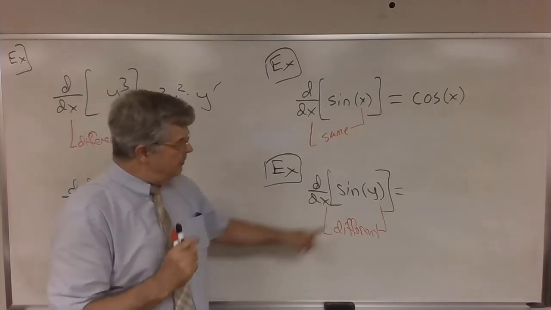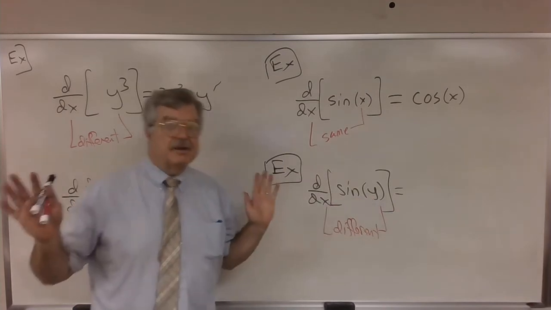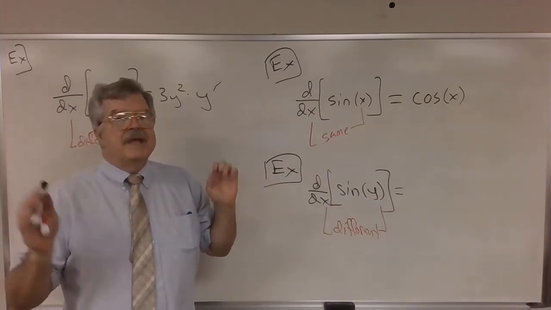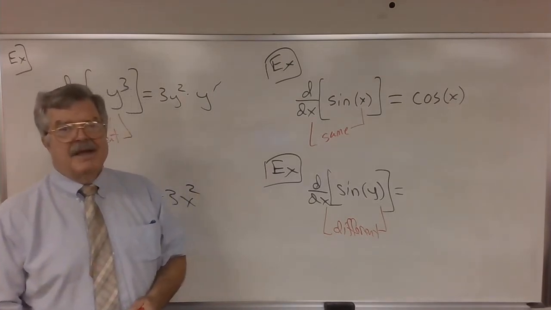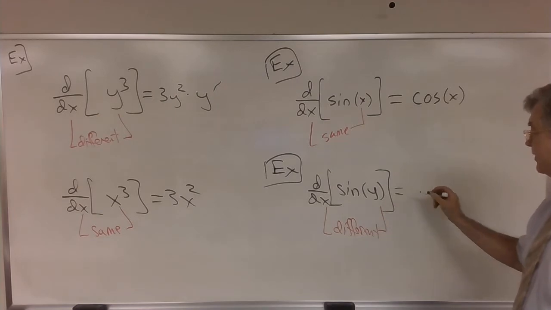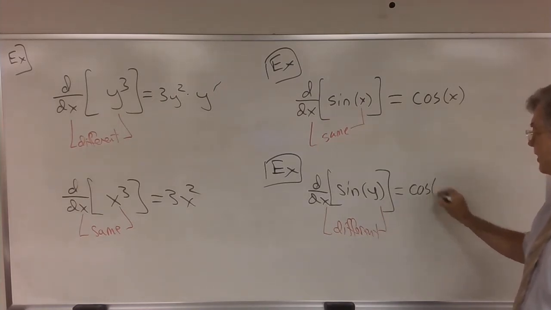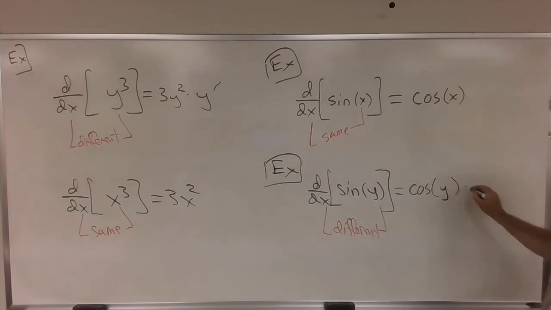And that makes this a function evaluated at a function. It's a composite function. We have to use the chain rule. And the chain rule says the derivative of the outer, cosine of something, evaluated at the inner, y, times the derivative of the inner.